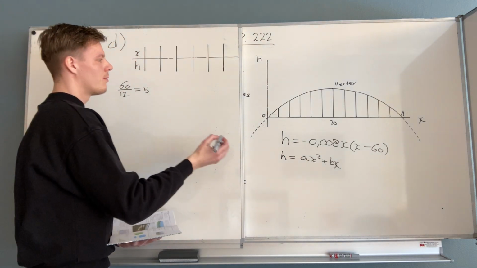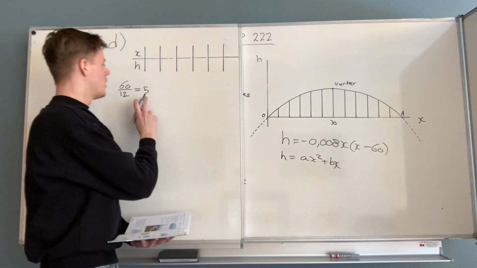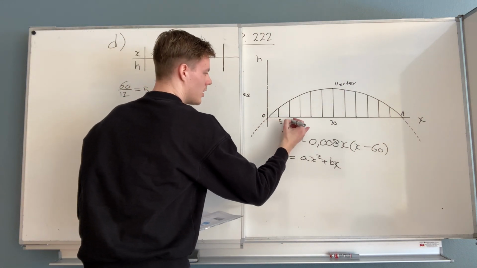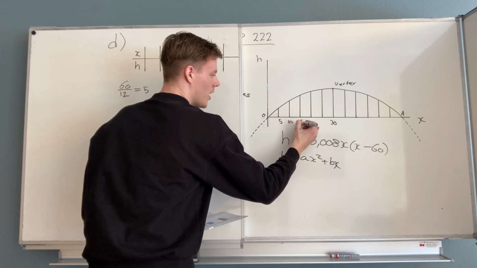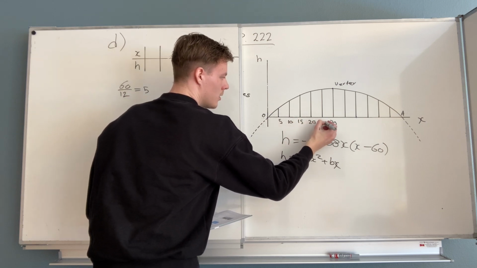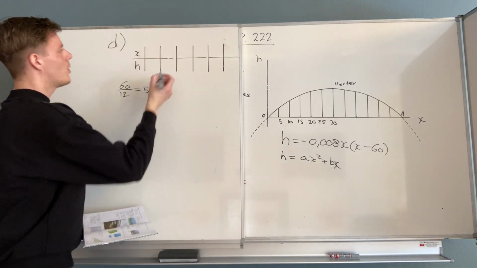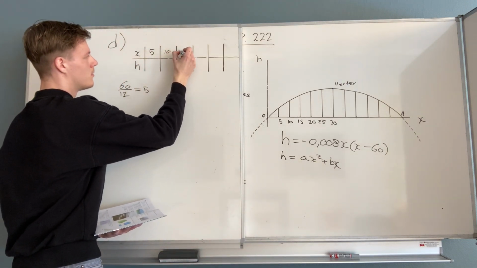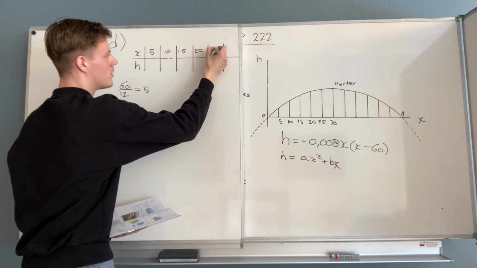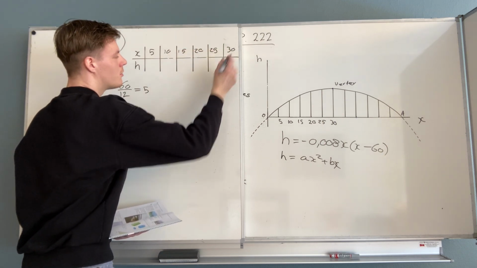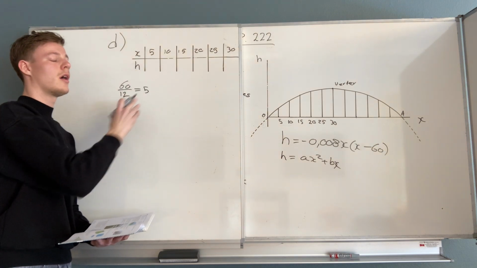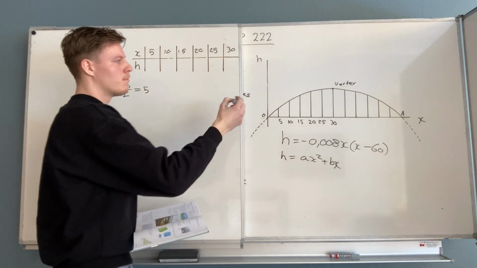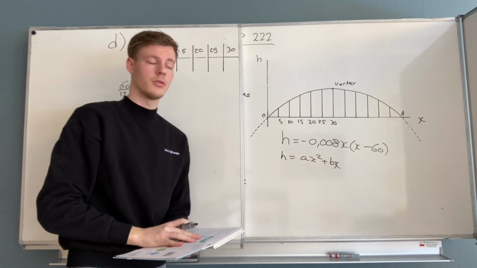So if we start at 0 and we continue to add 5 meters with it, we can easily figure out the pattern. So I can fill this in the table. The reason that I only use this portion of the table is that we also know that the parabola is symmetrical.